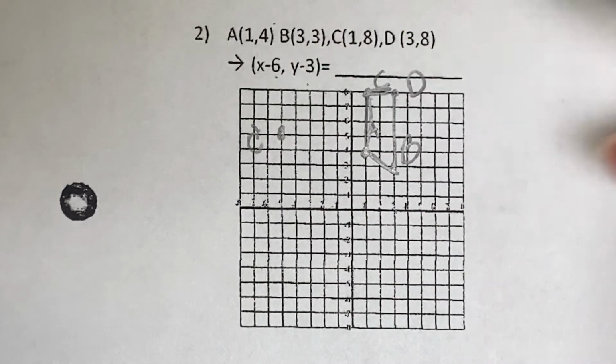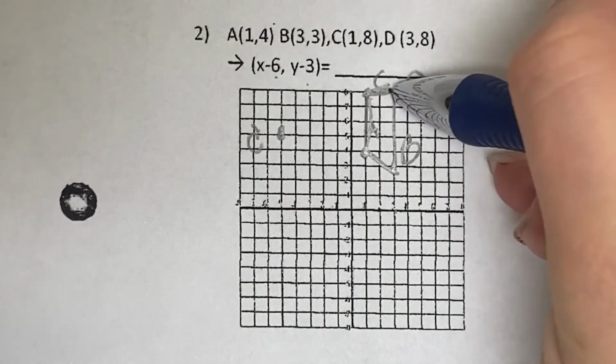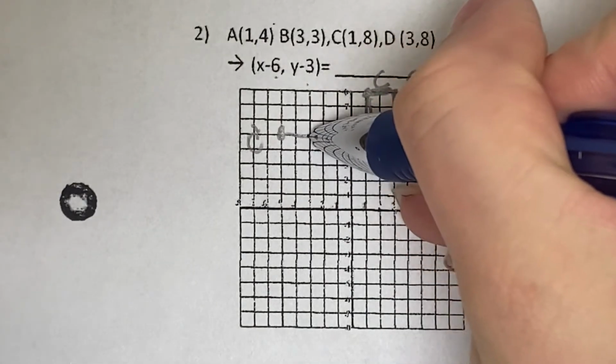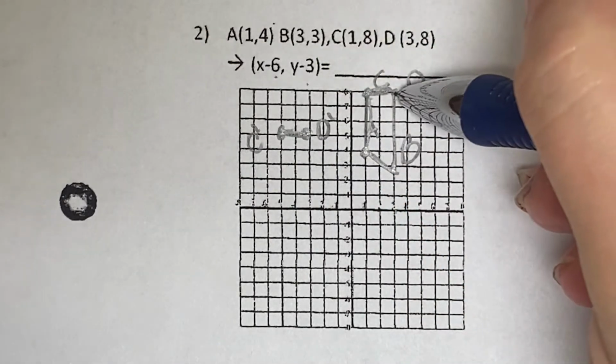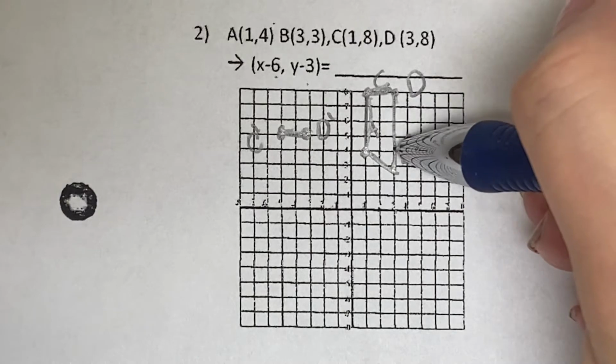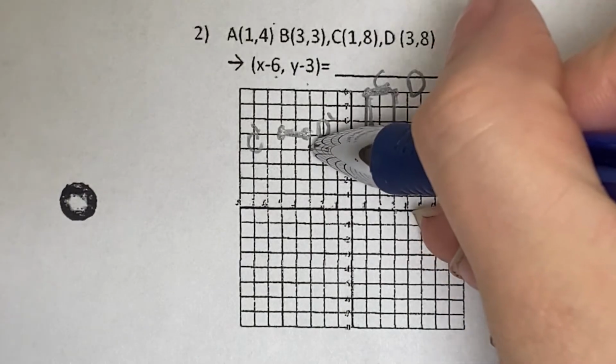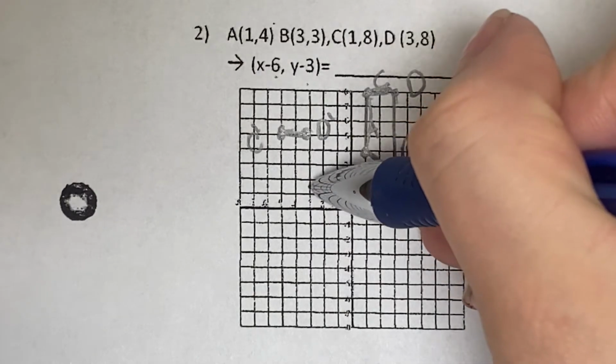And all of these are not going to be changing the size of your shape, you're just moving the shape around. So if it's too wide here, it's going to be too wide here. It would be D prime. This goes straight down 1, 2, 3, 4, 5. So I can come here and go straight down 1, 2, 3, 4, 5.